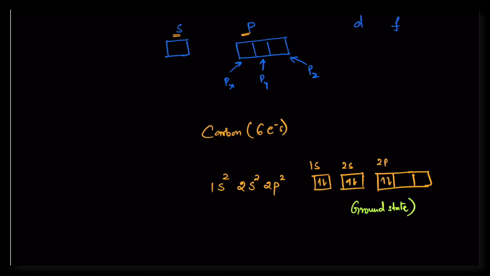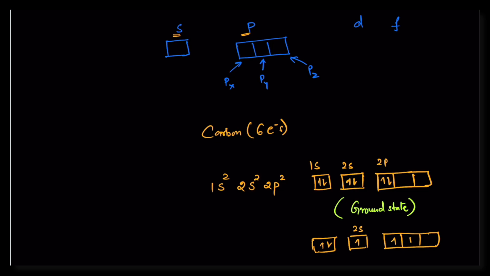However, whenever carbon tries to form bonds, it first enters what is called the excited state. In the excited state, this arrangement changes a little. The 1s remains as it is. One of the electrons from the 2s subshell moves to the 2p subshell, and this pair also separates.